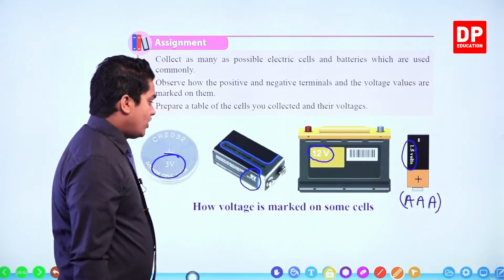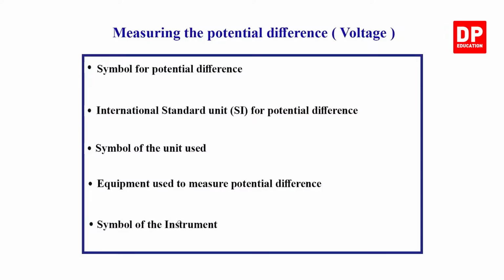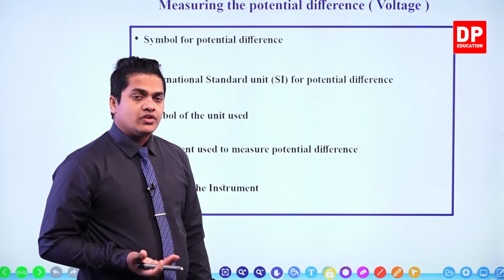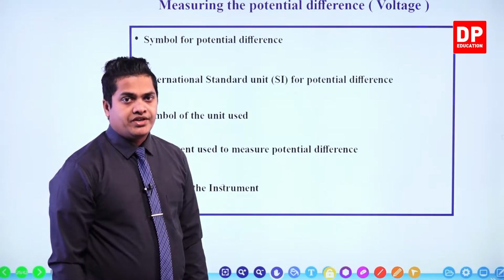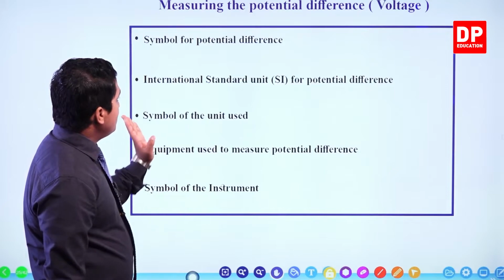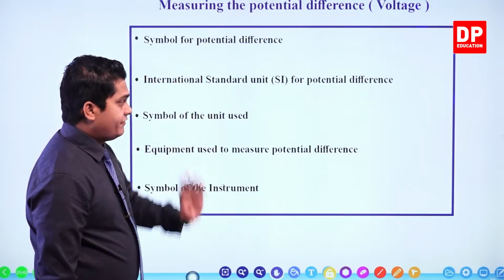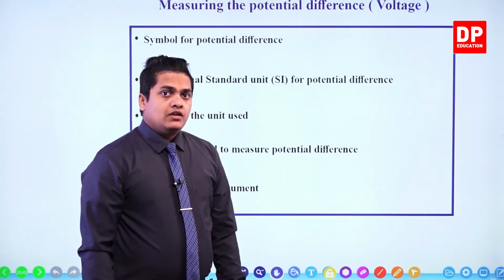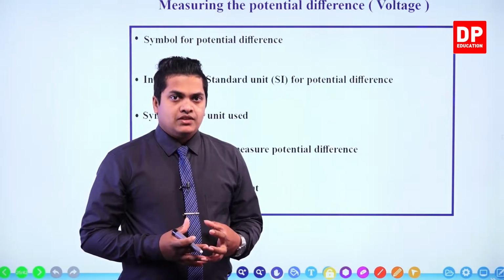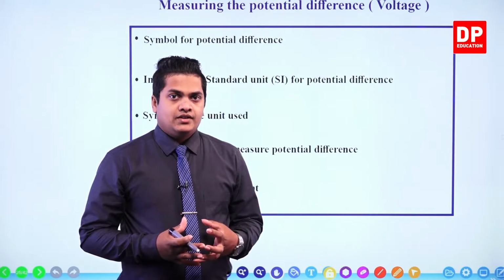Right, so we'll move on with our next thing. You are given a table here. This is related to potential difference, all the things that you need to learn about the potential difference or the voltage. First of all, the symbol for the potential difference. For the potential difference, we use a special symbol.